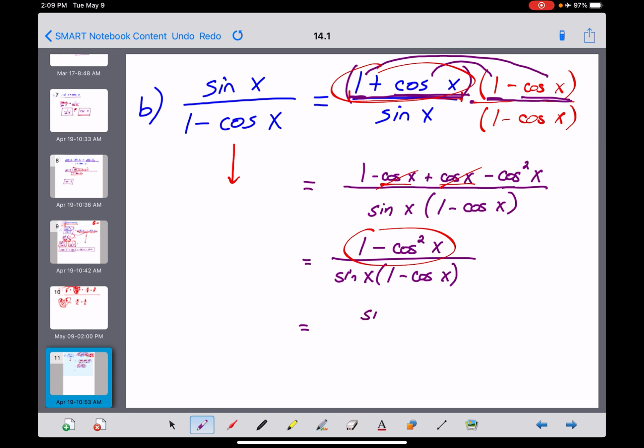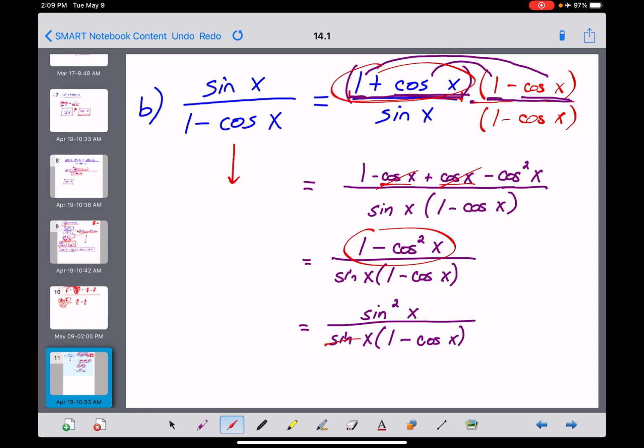So my numerator on the right side becomes sine squared of x all over now sine of x times 1 minus cosine of x. And just like what happened on the last problem, we've got a sine squared on top and a sine of x on bottom.